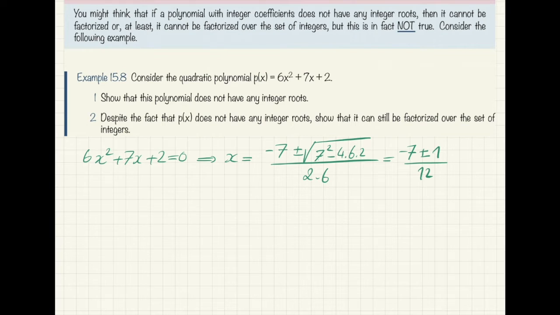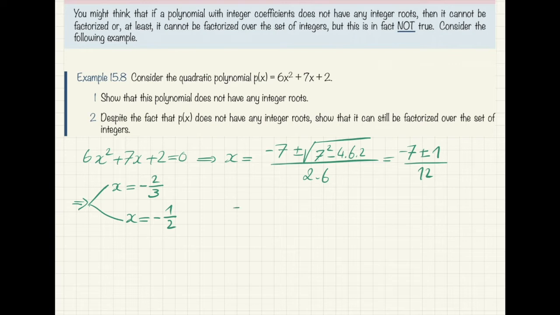So you see that I have two roots. One root is minus 7 minus 1 divided by 12, which is minus 8 over 12, or minus 2 over 3. And the other one is minus 7 plus 1, which is minus 6 over 12, or minus 1 half.